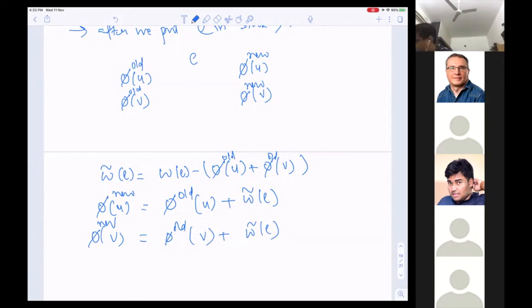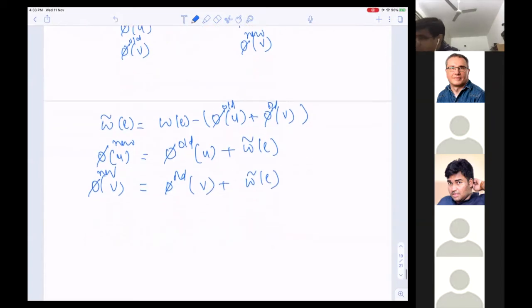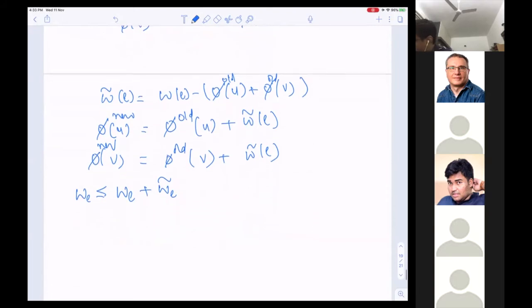Okay, so let's see what we can say. Weight of E is definitely less than or equal to weight of E plus W tilde of E. Now, what is weight of E?